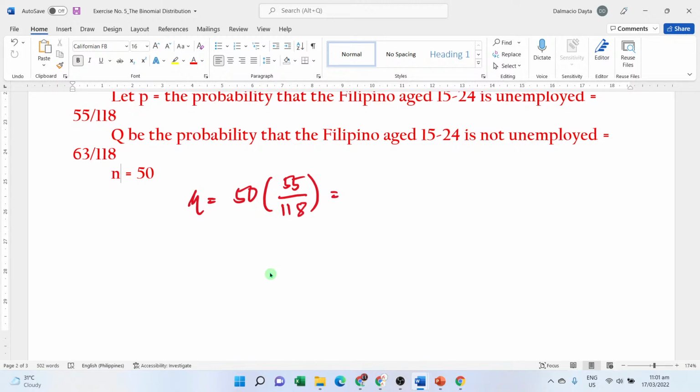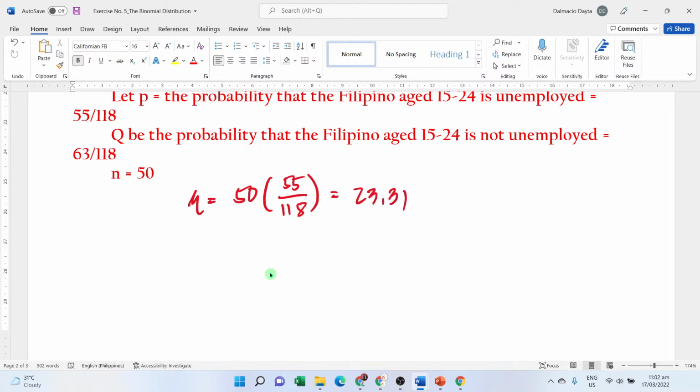So please use the calculator. 50 times 55 over 180. Ah. Second one. The answer should be rounded off to the two decimal places, 23.5.